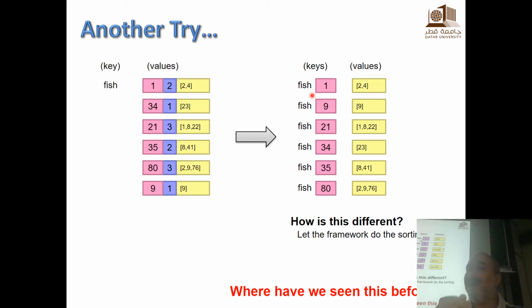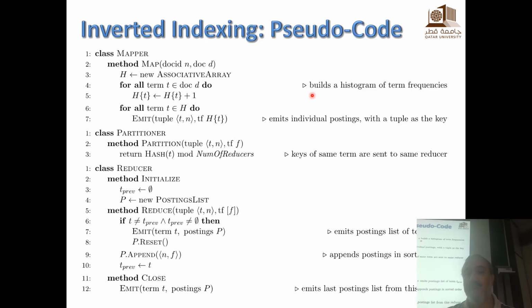So we need here to detect when we have a new term, because whenever we have a new term, that means that the previous one has finished, and now we can create the posting list for it. Okay, is that clear? This is exactly what we do here.